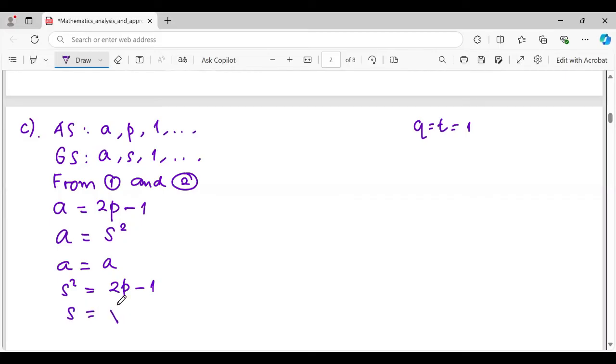So S equals the square root of 2P minus 1.